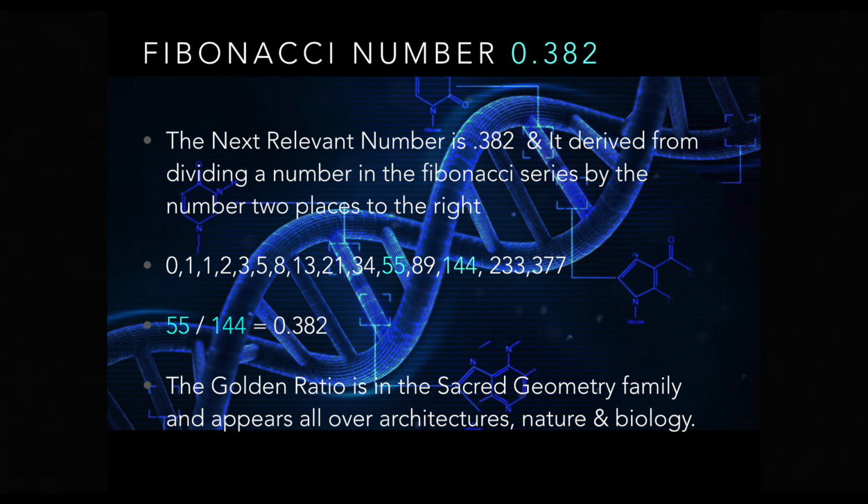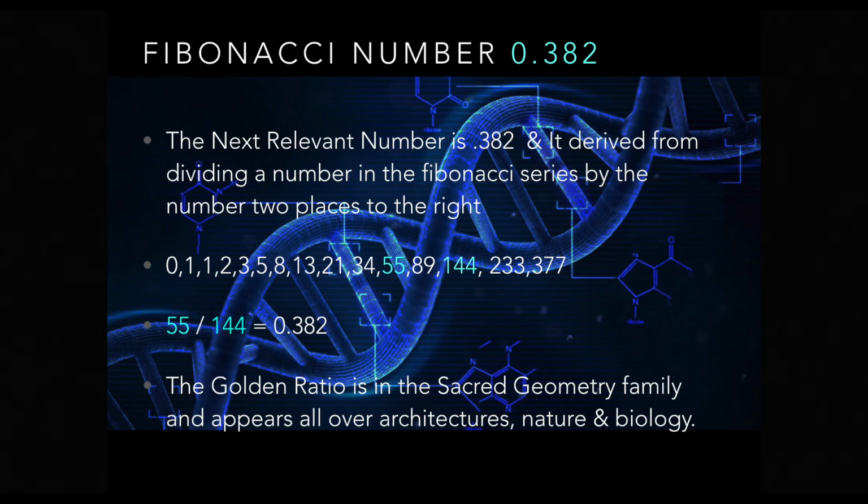So if you take any number in the sequence, take 55 for example, and divide it by 144, which is two levels to the right, that number will equal 0.382. And 144 divided by 377 will equal 0.382, and so on and so forth.